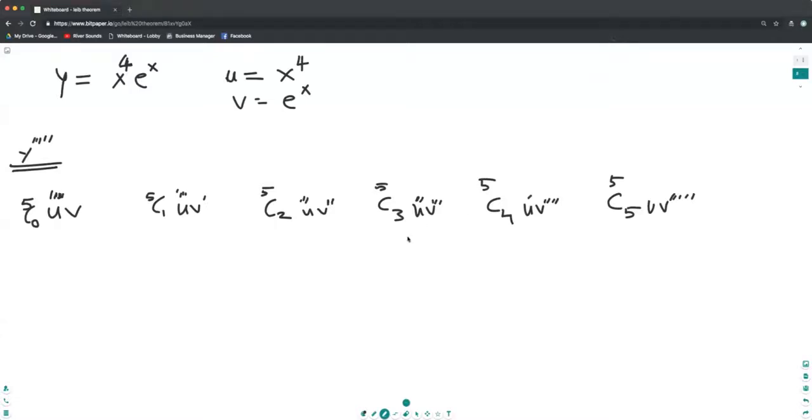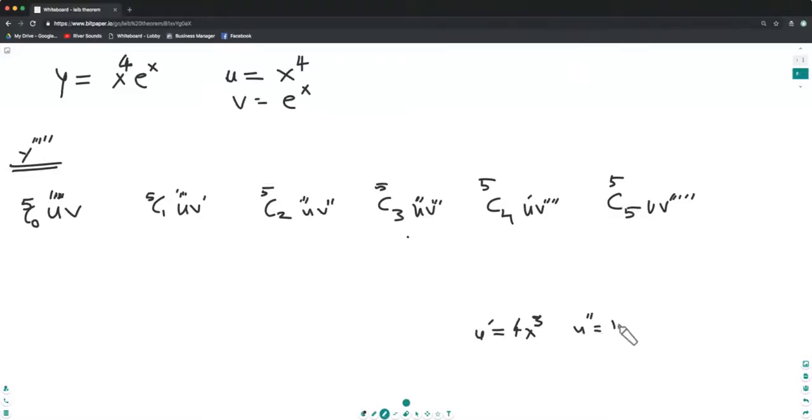And so let's look at what each of these derivatives is. So let's look over here. You've got u prime is going to be 4 times x cubed. U double prime is going to be 12 times x squared.